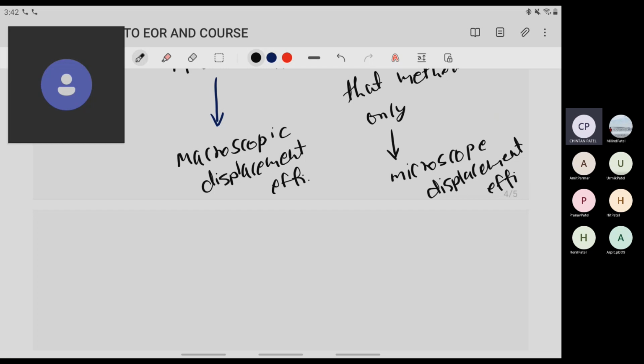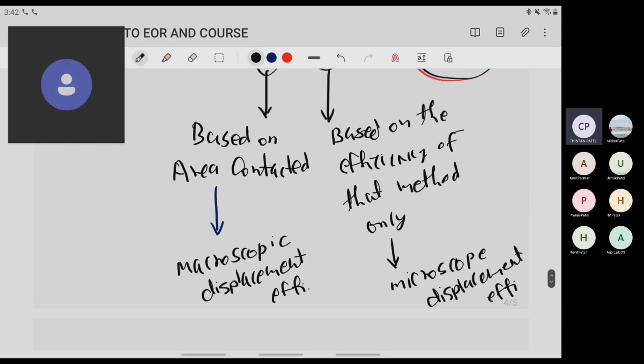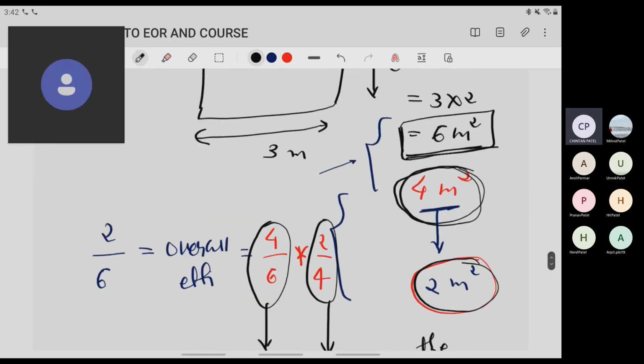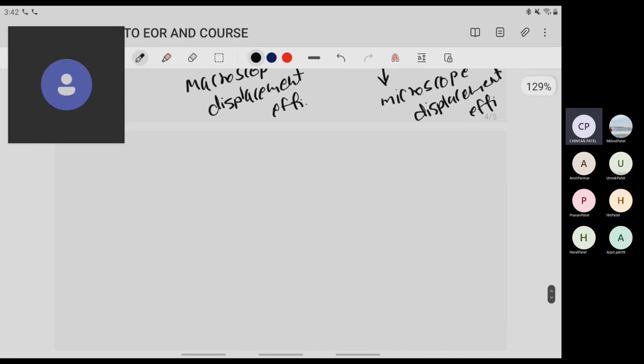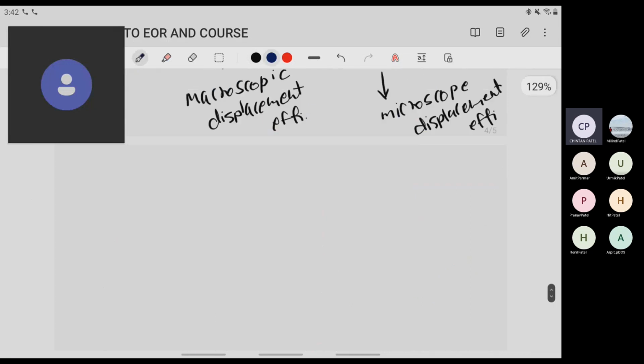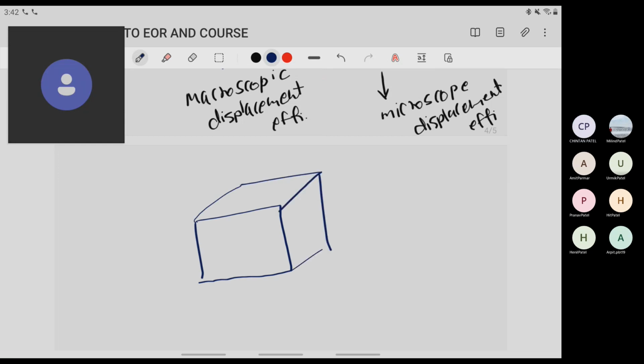Okay, have you understood this properly? Yes sir. Okay, now let's move on to one more aspect of this. Let's suppose right now I don't want to clean my room, but I want to clean this volume.